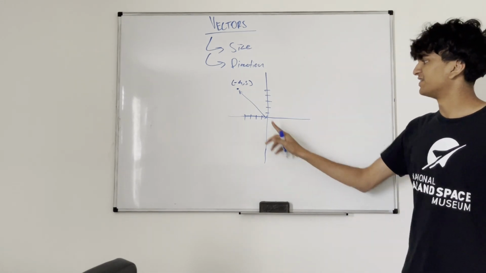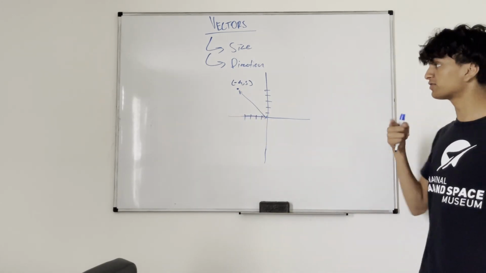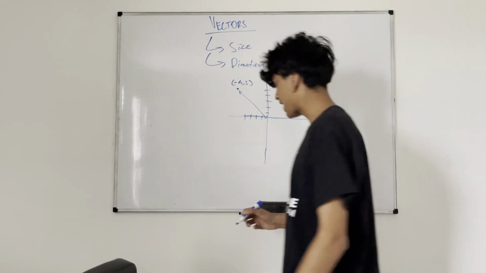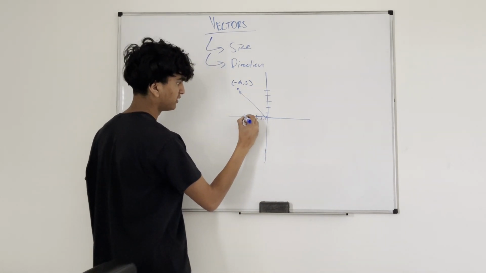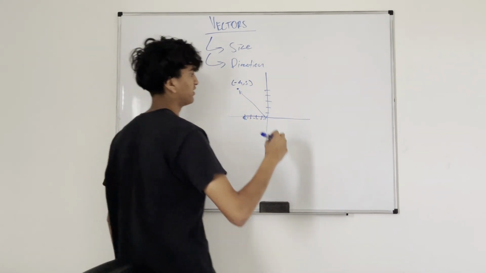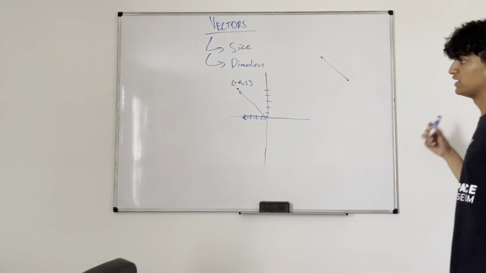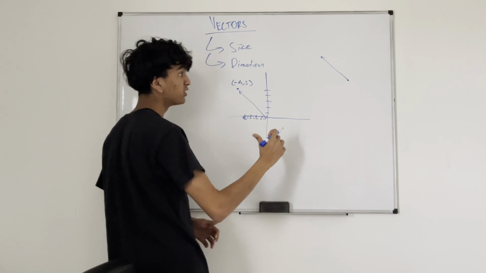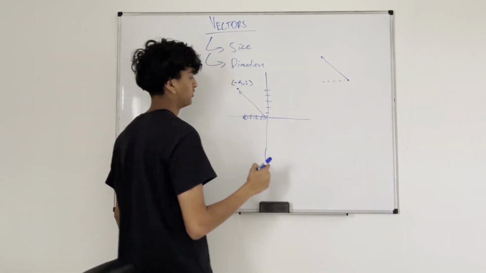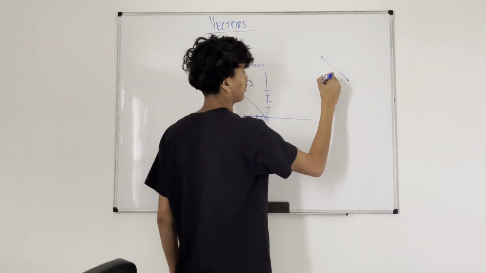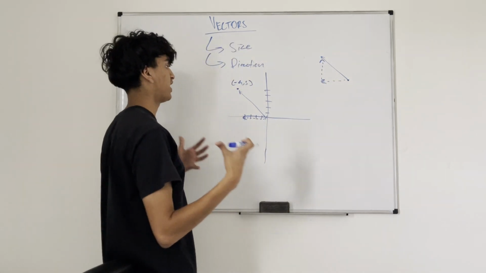I didn't actually travel in a right triangle, but hey, right triangles we can use. If we imagine there is an x component, I'll draw it separately here, a component of your displacement in the x direction, and there's going to be a component upwards. So there are these two vectors.